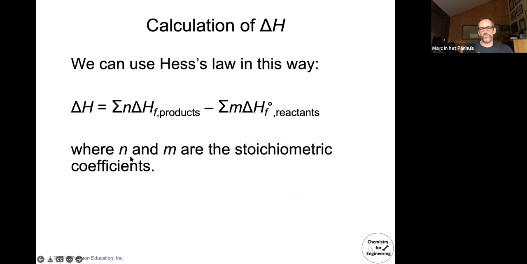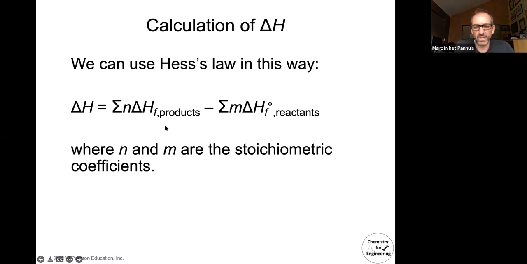And now we can use Hess's law, which in a mathematical way is written as follows. So the change in enthalpy is equal to the summation sign times the stoichiometry, in this case with the delta H of the products, and then you subtract all the enthalpies of it, taking into account the stoichiometry of the reactants.